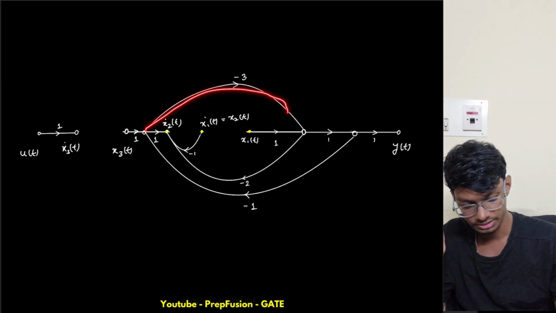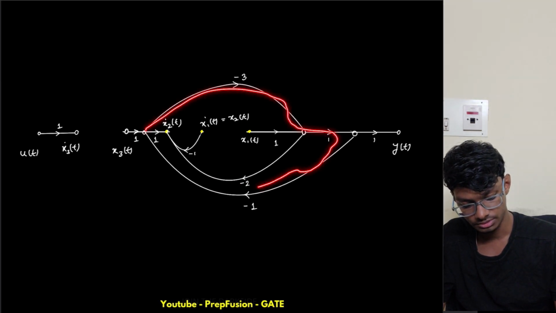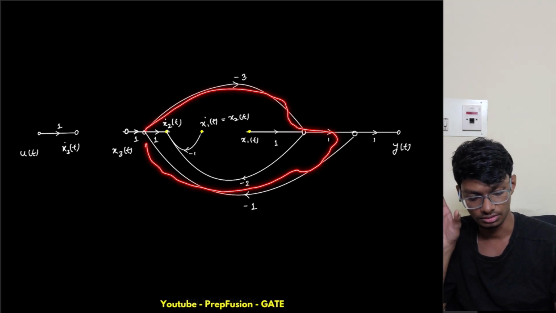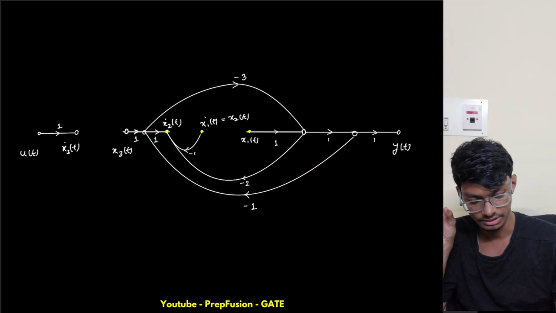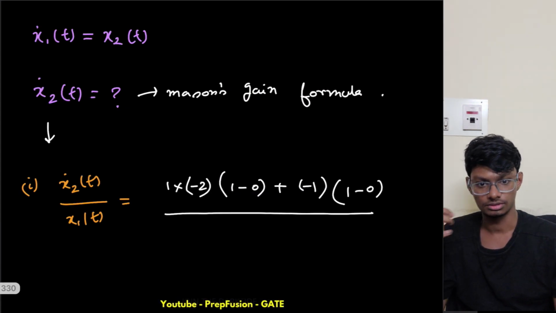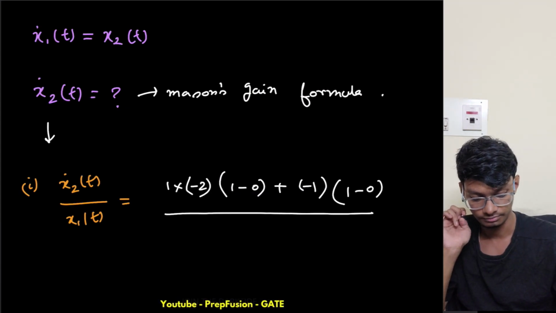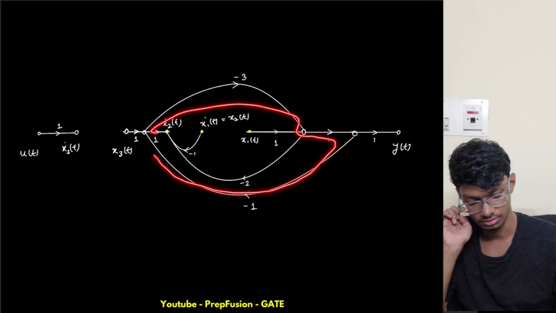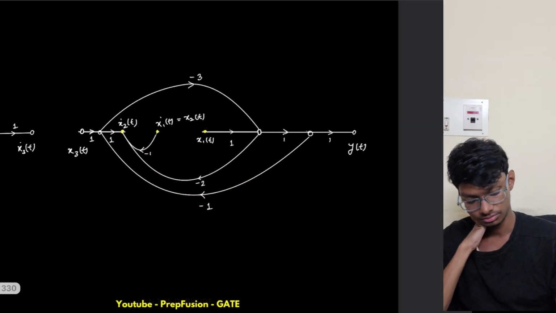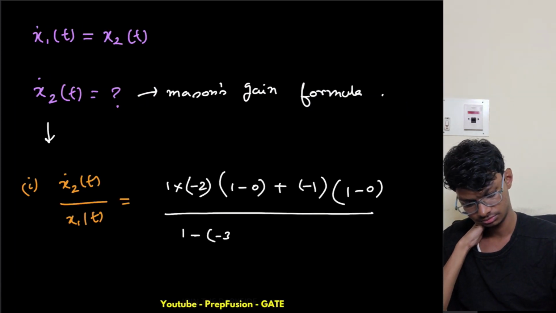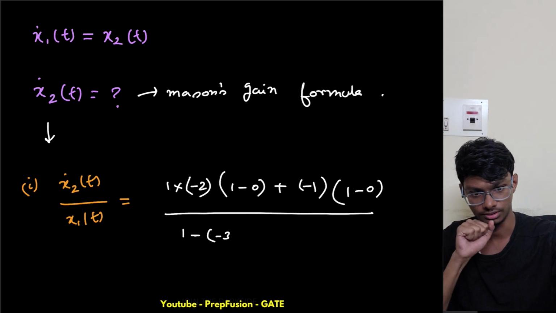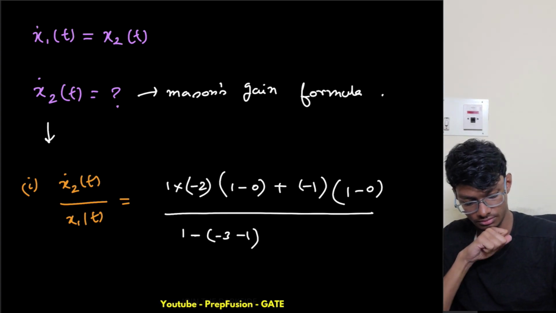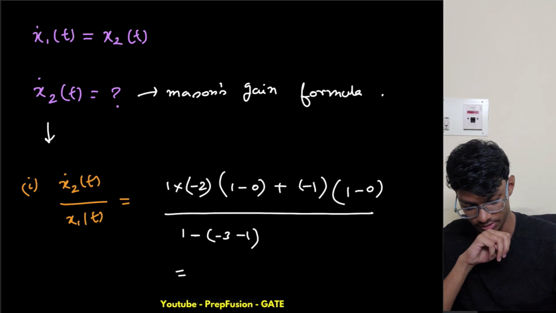So this is minus 3 times 1 times minus 1, right? This is basically the loop gain. So this is simply equal to 1 minus 3, times 1 times minus 1. So this is times minus 1 basically.